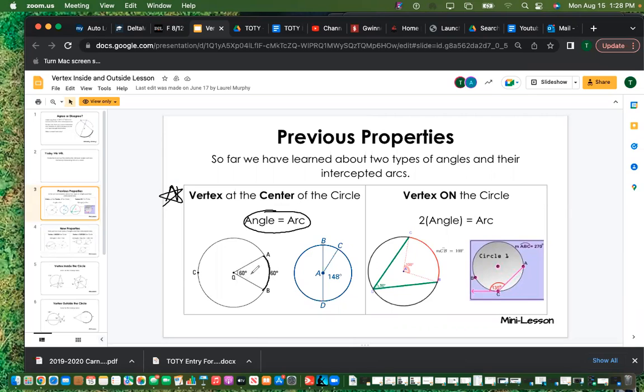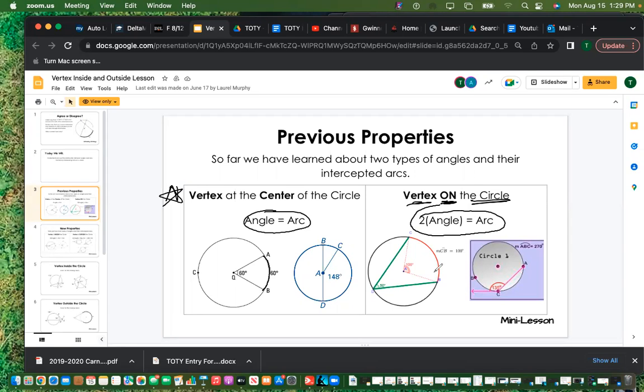If we have a vertex on the circle, then 2 times the angle equals the arc. You learned this as the central angle divided by 2. If you were here last week, don't write down these 2 formulas. If you were not here, make sure that you write down both of those.